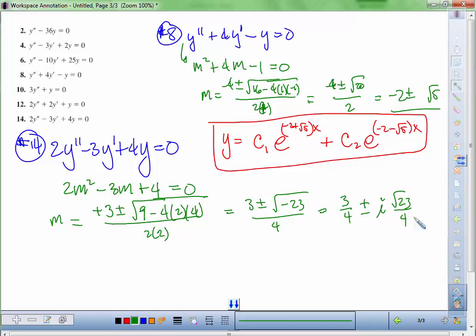By the way, I don't know if I talked about it last time, but the part of the number that's next to the i is called the imaginary part. And the part of the number that's not with the i is called the real part. So any complex number has a real part and an imaginary part.